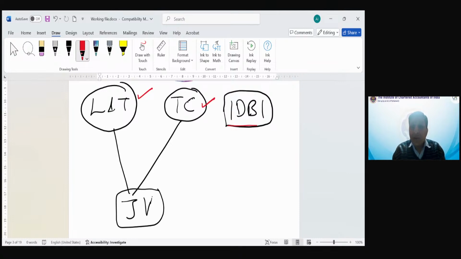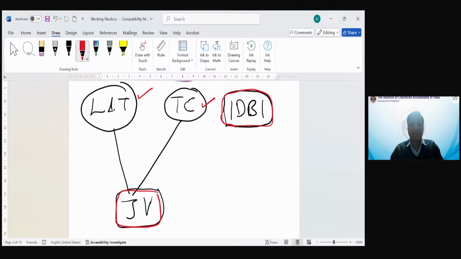So they will inform IDBI in respect of all the important decisions which are going to be taken for this JV. Means for this JV, any important decision that will be taken, IDBI will have to be informed about it.